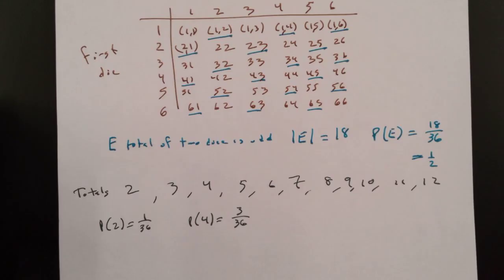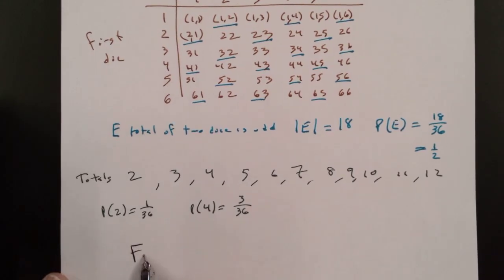Please notice, for every probability we come up with, the number that represents our probability must be between 0 and 1.